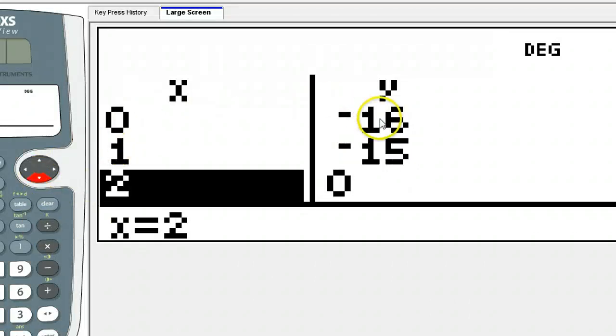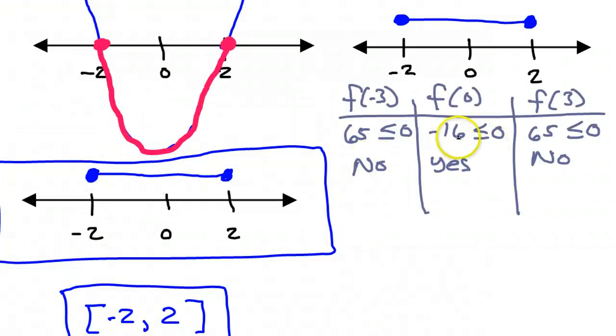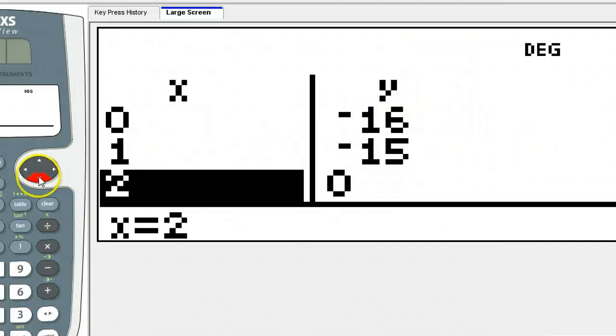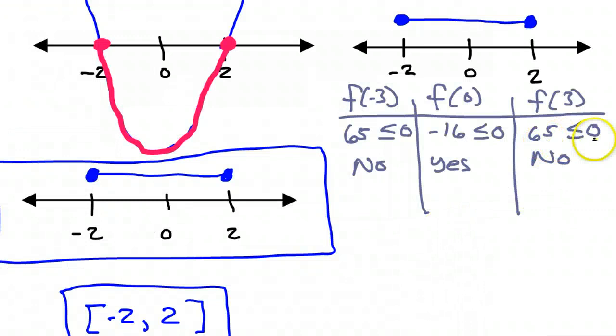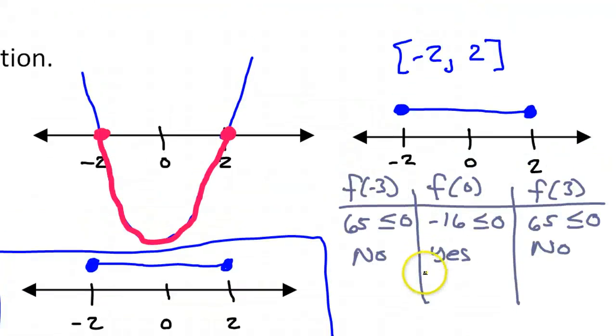At 0, that's -16. Same thing we got. And if I want to know the value at 3, I just scroll down again. It's 65. So I can get these values very quickly using the table feature of my calculator, which makes the test value method an efficient way to go very often. So I just wanted to show you both methods.